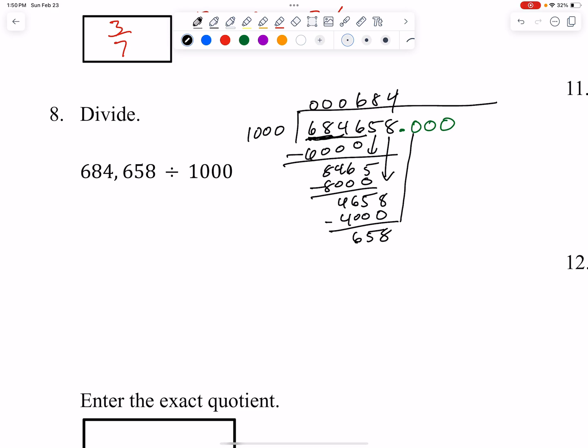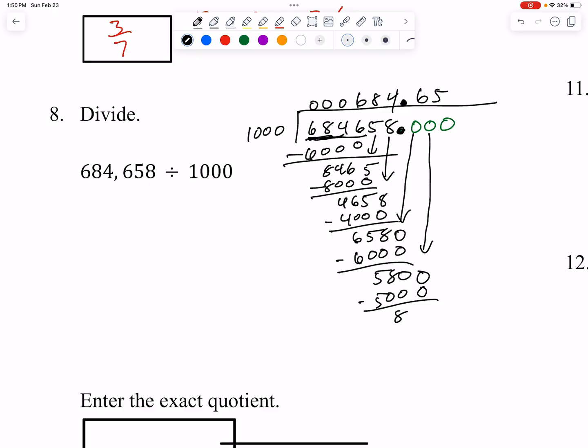So bring down my first 0, because I ran out of numbers. Let's put my decimal there. Now I got 6,580, so that's 6 times, which gives me 6,000. Subtract to get 580, bring down another 0. 1,000 goes into 1,500 5 times, so that gives me 5,000.